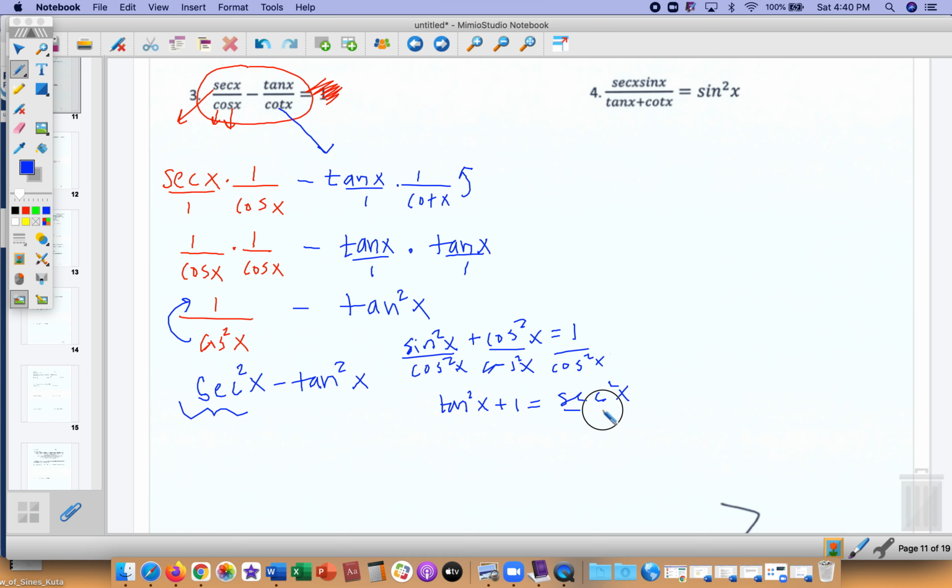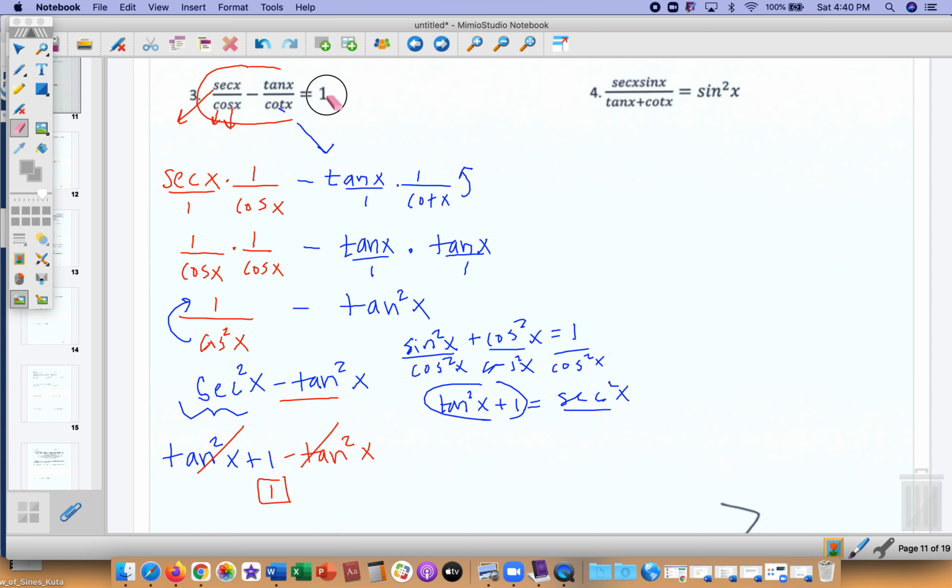So I can replace secant squared x with tan squared x plus 1. So over here, I'll write tan squared x plus 1 minus tan squared x. So tan squared x minus tan squared x is gone, and I have 1. And that's what was on the right-hand side, so we're done.